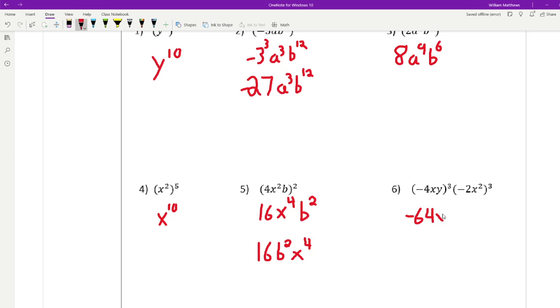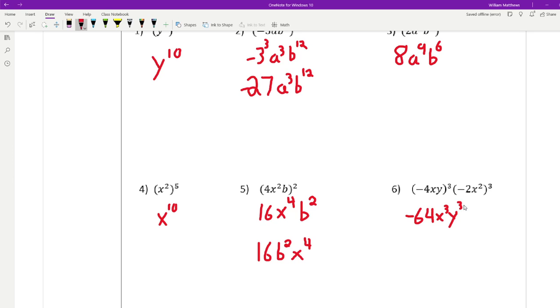Our x, with a power of 1, will multiply to the power of 3, which is 3. And our y, the same, power of 1 times 3, gives us 3.